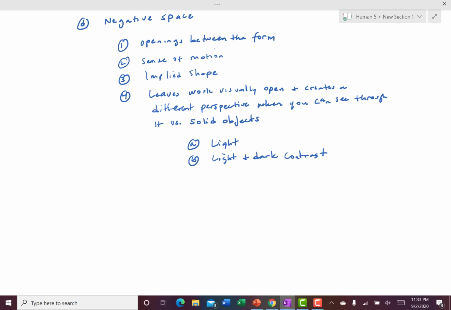Versus if it's solid, the light isn't going to filter through in any way and change how you see it, or the colors, the reflection or shade. There are so many different things that light does, which we'll be looking at later with value. So you can use light to create basically a secondary aspect of that art, along with, if you choose to do light and dark contrast, you can also play around with that as well.